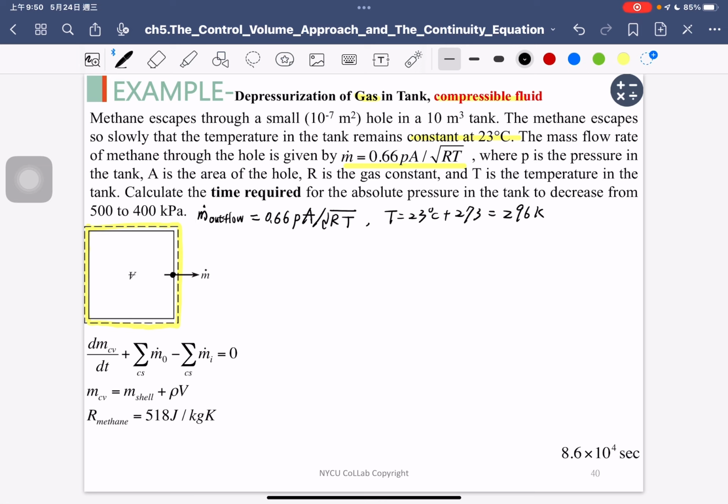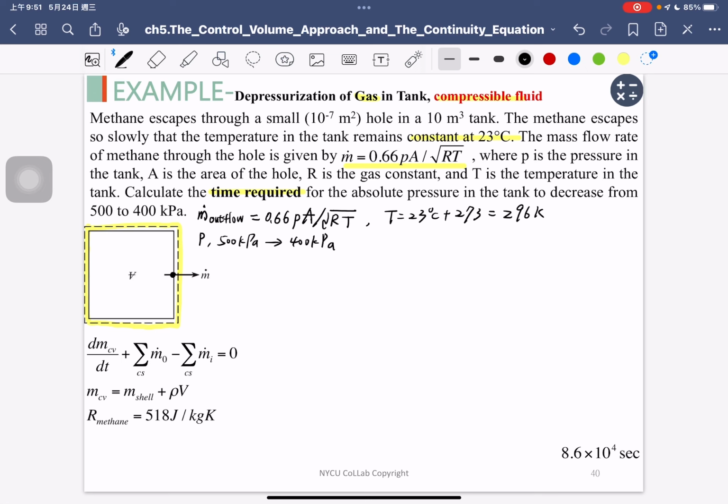Okay, it's a constant temperature. And what we need to answer is the time required, if the pressure starts from 500 kPa and goes to 400 kPa.